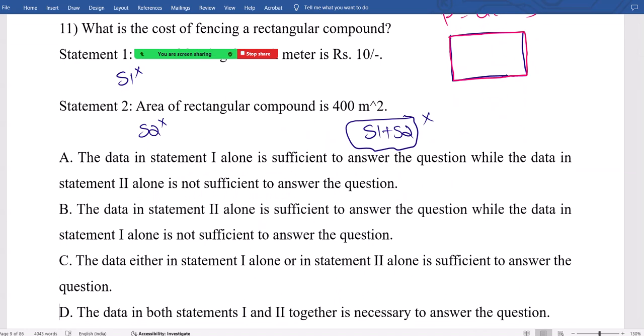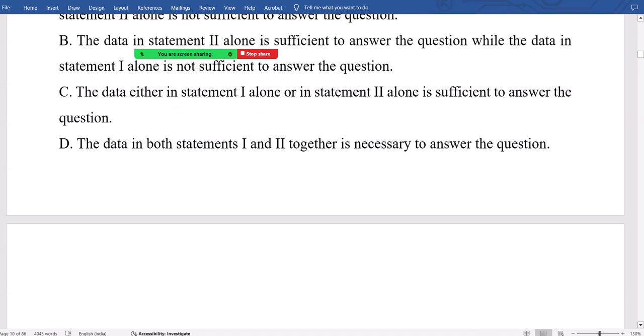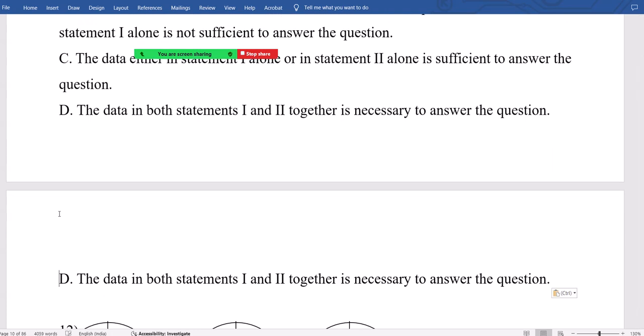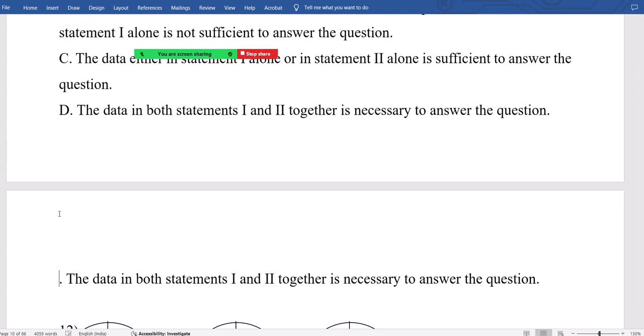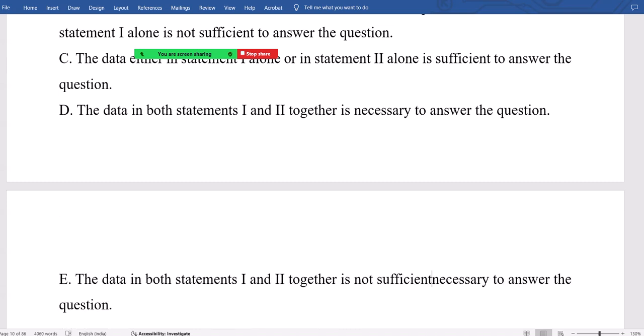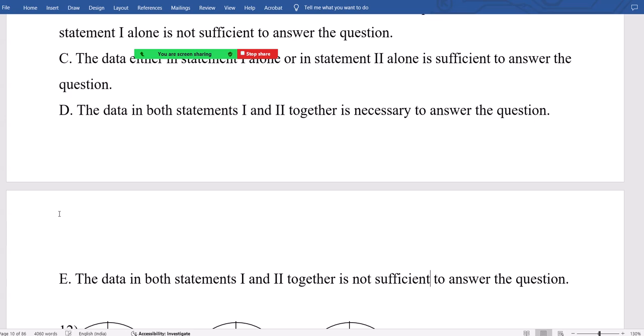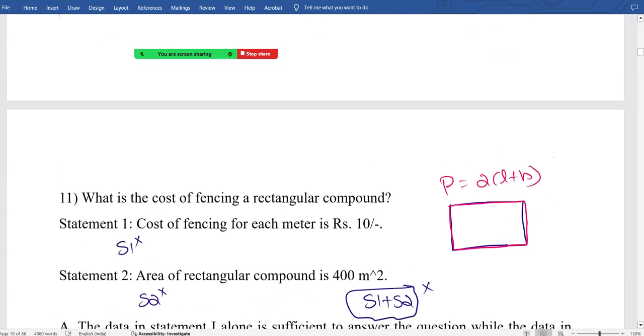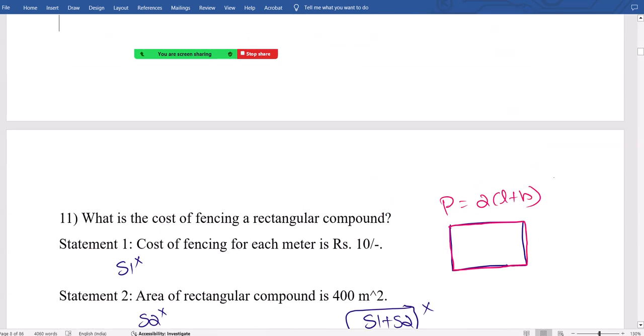So you need option E, which is both statements are not sufficient to answer the question. Why is it? If I take both statements together, we don't have enough data here.